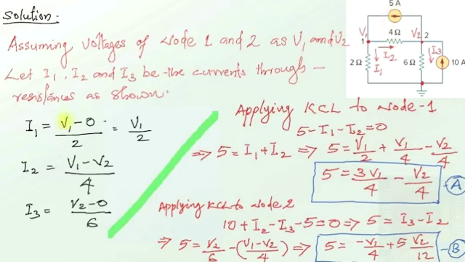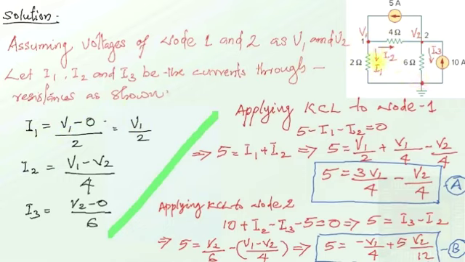If we assign the unknown node voltage of node 1 as V1 and the node voltage of node 2 as V2, the currents as marked in this figure can be calculated using this formula. I1 is flowing from node 1 to the reference node.